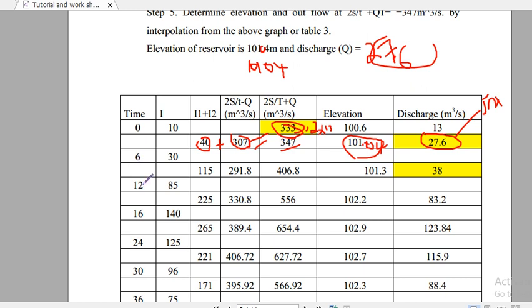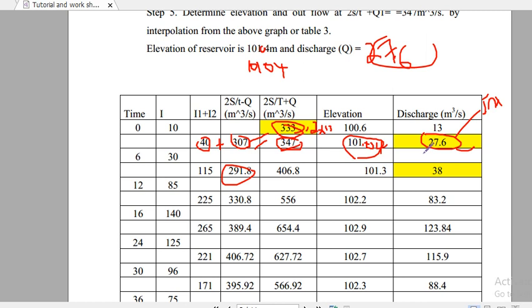So for the next time interval, that means between 6 hours and 12 hours, the sum of the initial inflow and the second inflow, 30 plus 85, is 115. Then 291.8 can be calculated by using this discharge and this value.